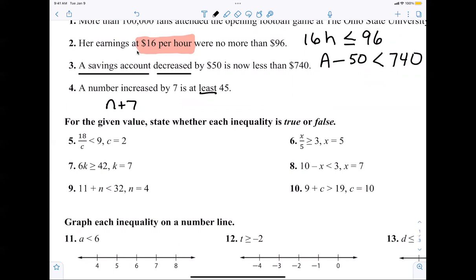If I have at least $20 in my pocket, or I need at least $20 to go to the movies, that means I'm greater than or equal to. Does that make sense? So this one, at least, is greater than or equal to 45.